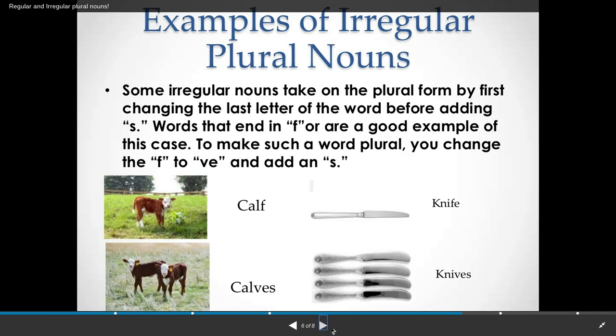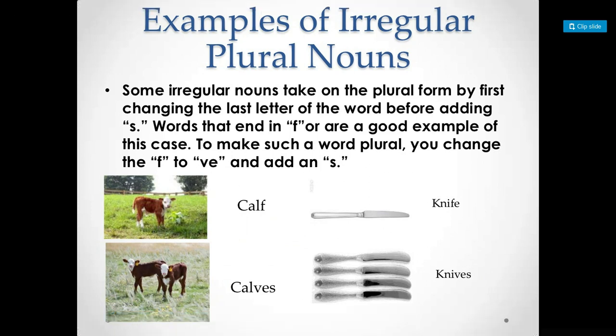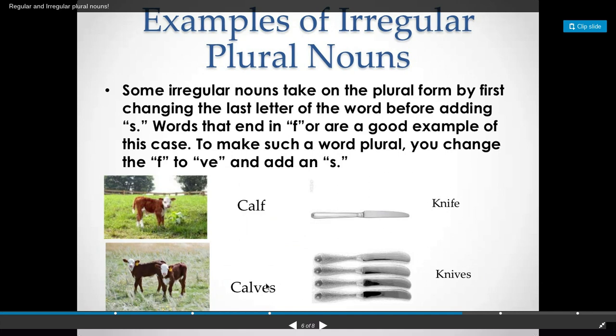Sometimes when we have an irregular plural noun that ends with an F, okay, like we have here, calf or even knife. Right? To make it plural, we change the F to a VE, and then we add the S. So calf is one, but calves is more than one.